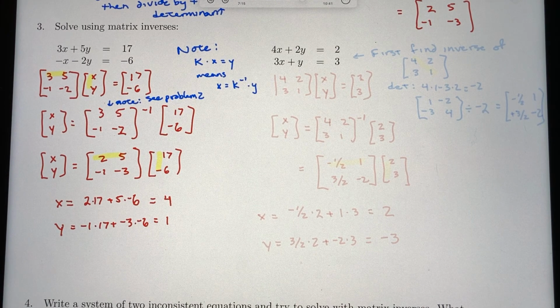Okay, so now let's try this next one. The first thing I need to do is find the inverse of the numbers from the left side. Okay, the determinant is -2.